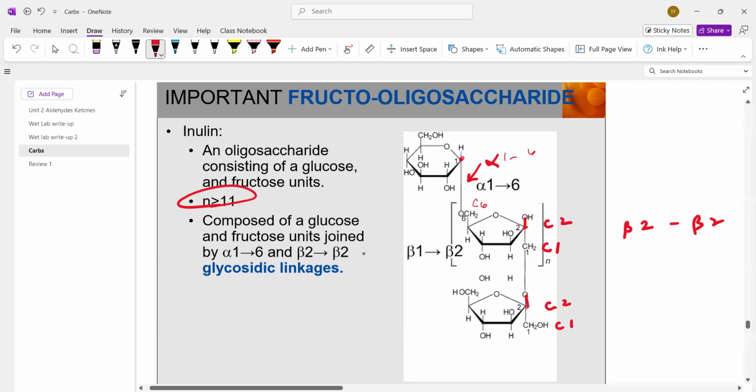Down here, we're hooking up with an anomeric carbon on the bottom. But we're not hooking up with an anomeric carbon with the fructoses in the middle. We're using carbon number 6. But the fructose we're using is a beta because the anomeric OH is going up. We're not hooking up with that though.